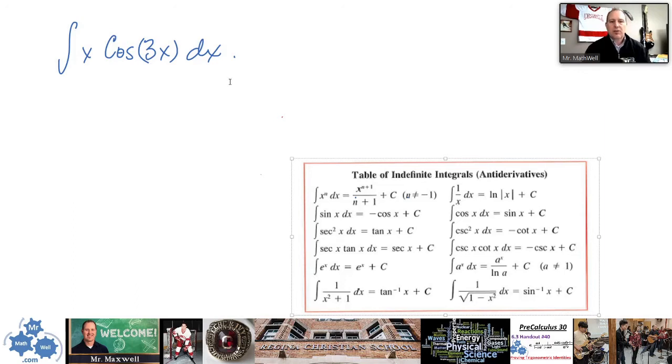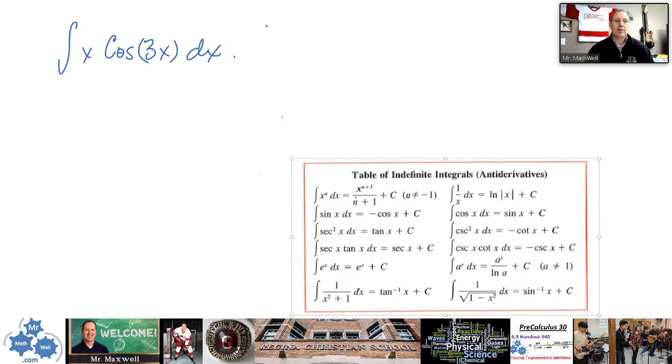I do have the table of integrals there, just so when we do our DI method here, we have to integrate some things, so we'll take careful note of that. But just write this down and we'll see if this is a candidate for integration by parts, first of all. So you might say, okay, I'd love to do u substitution. That is pretty easy.